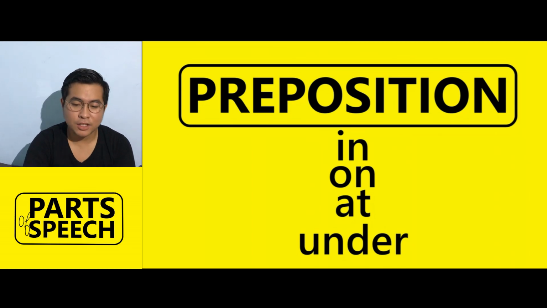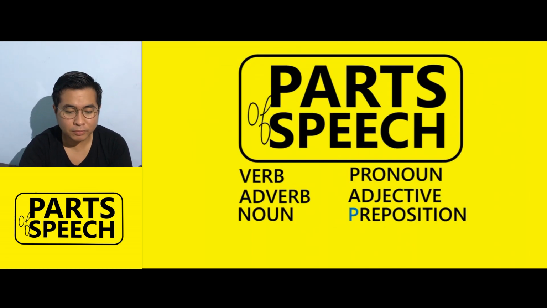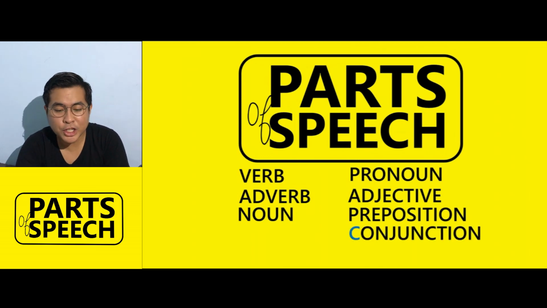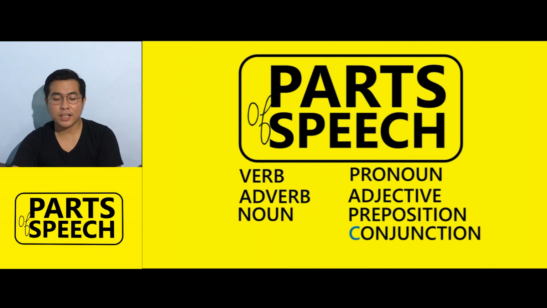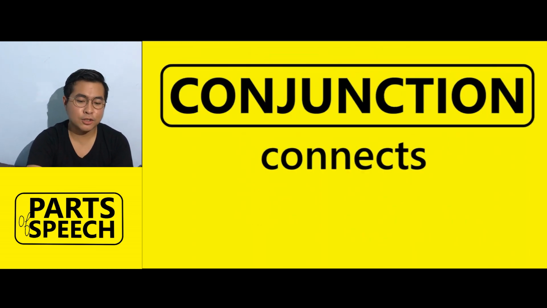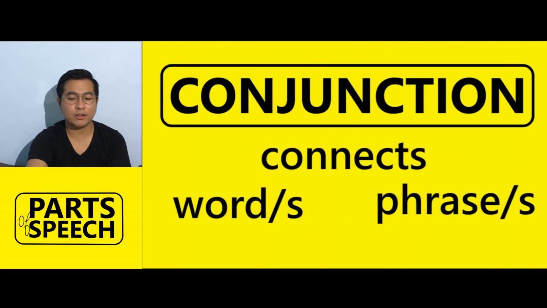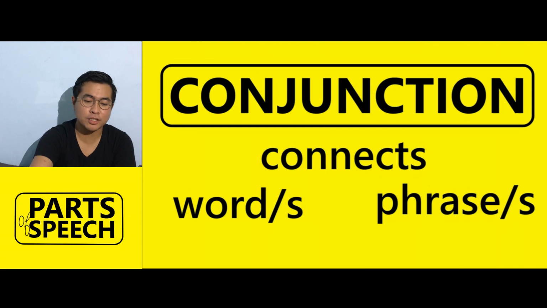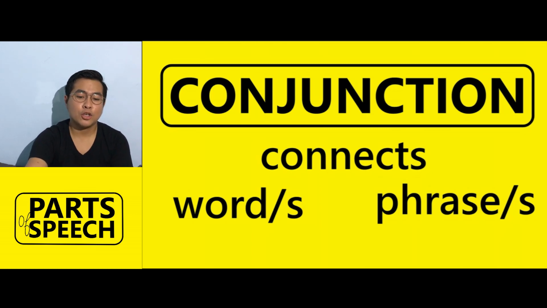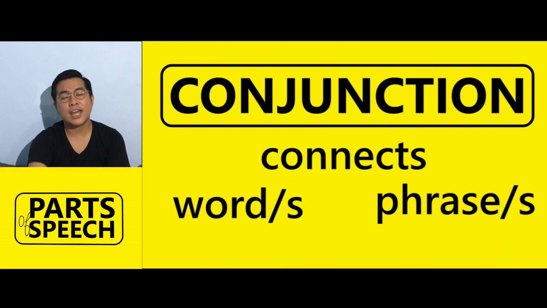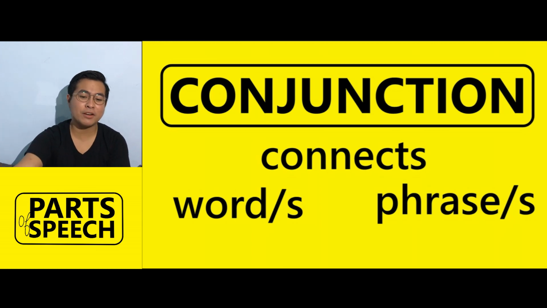Okay? So, let's continue. Now, we have the seventh, the C, your conjunction. This is your word that connects a word or words or phrases or groups of words in a sentence. So, remember that for the conjunction, we have the FANBOYS to remember them.